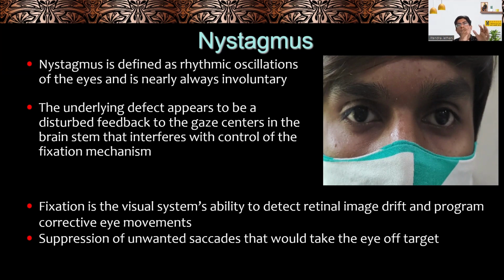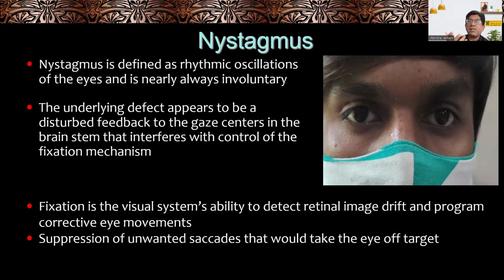Whenever we are looking at an object, we are trying to fix on that particular object, and with our eye movements there can be some image drift. So it is the visual system's ability to detect that the retinal image may drift, and these unwanted saccades have to be suppressed in time to prevent any retinal image drift.